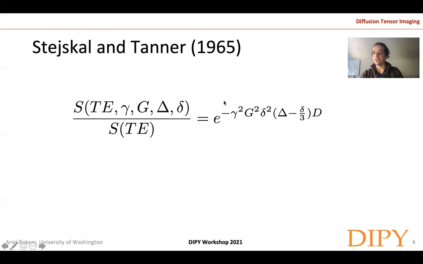And it turns out that it goes as e to the minus some combination of these parameters times D, which is the coefficient of diffusivity. And then subsequently people, Le Bihan specifically, said, well, let's summarize all of these things in one number and call that the b value. And that's the b value that we measure in the diffusion MRI sequences that we use nowadays. So this is the model in one dimension.